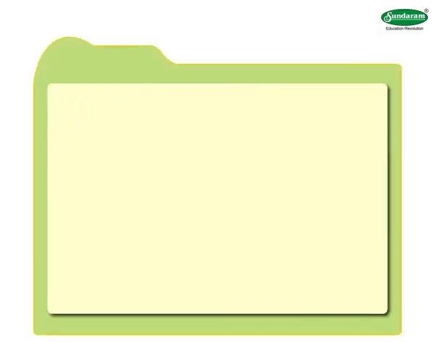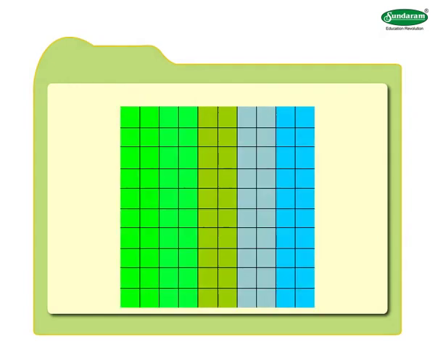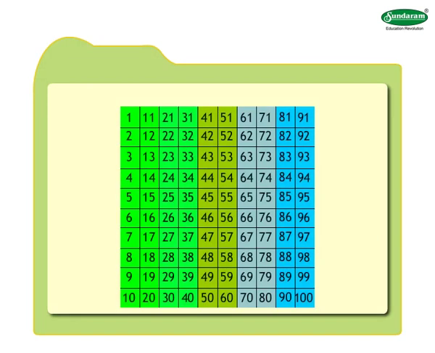Now that we have learned how to write numbers from 1 to 100, let us see how to read them, first in serial order, then randomly.